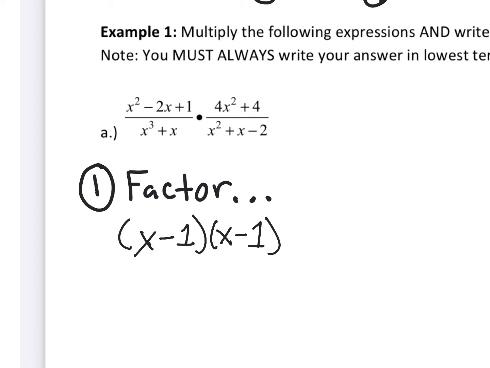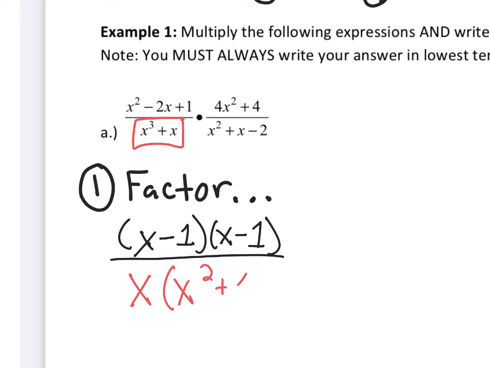On the bottom there, I'd probably just go ahead and GCF that. So if I GCF x cubed plus x, they have an x in common, right? So this will be x, and then x squared plus 1 times, so I'll bring down my little dot there.